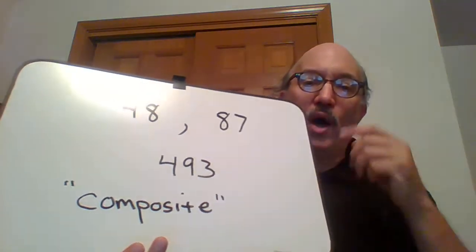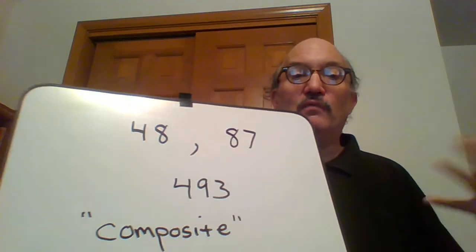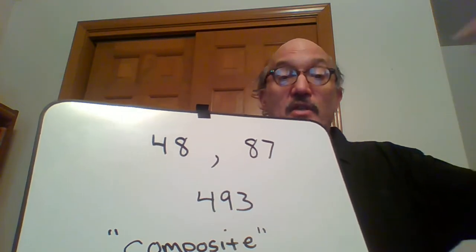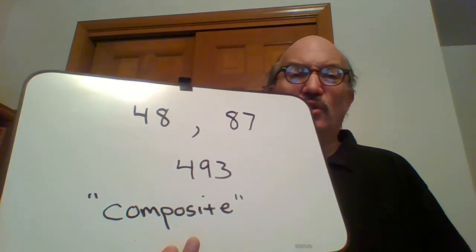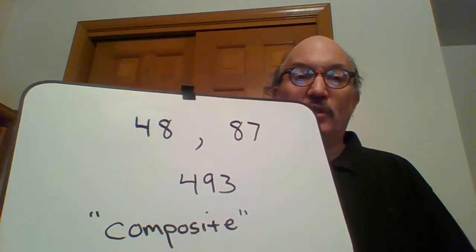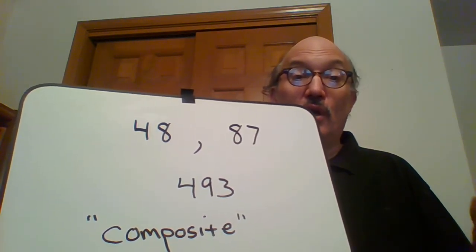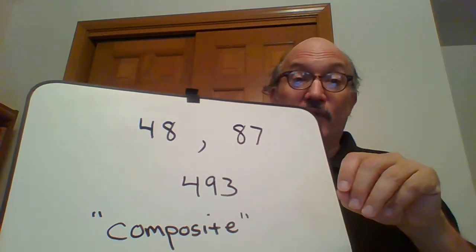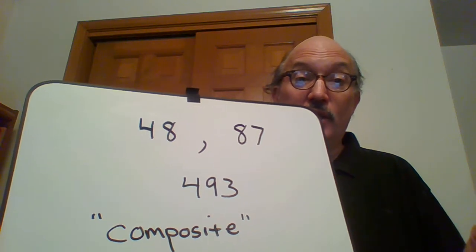That word composite is an ordinary word in the English language. Composite. It means made up of different things. For example, the noun form of composite is composition. There is a phrase, chemical composition. The chemical composition of water is H2O, 2 atoms of hydrogen, 1 atom of oxygen.